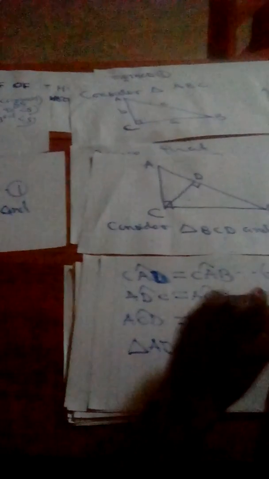Another angle that will be equal to another will be angle ACD, and this will be equal to angle CBA. Okay, so we use the central letters. Triangle ADC will be similar to triangle ACB, because its corresponding angles are equal.